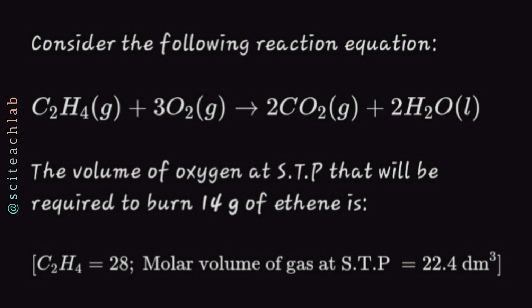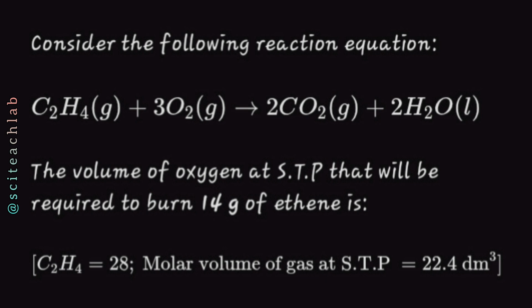So the reaction equation again is ethene gaseous plus oxygen gaseous yields 2 moles of carbon dioxide gaseous, and 2 moles of water in liquid form. And we are asked what's the volume of oxygen at STP that would be required to burn 14 grams of the ethene in the question.